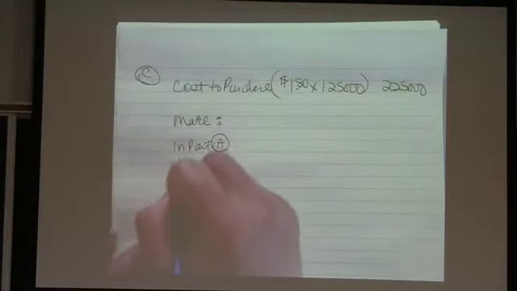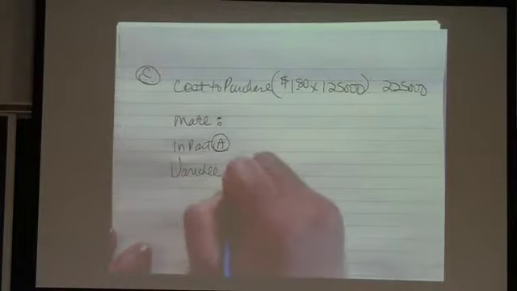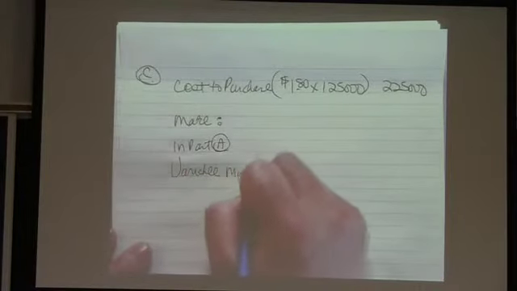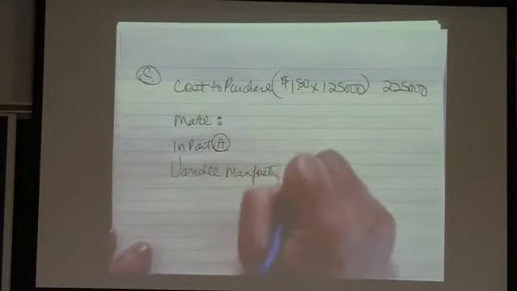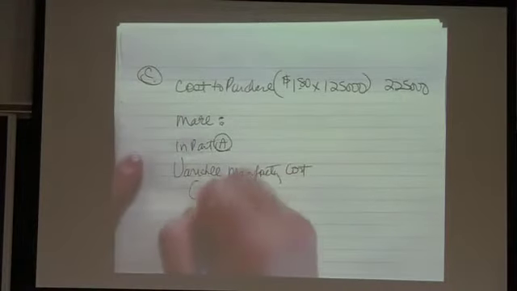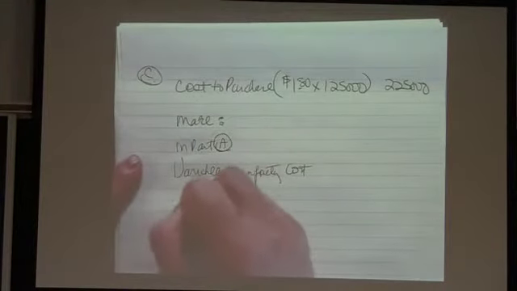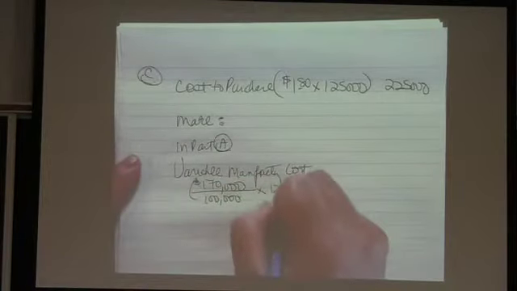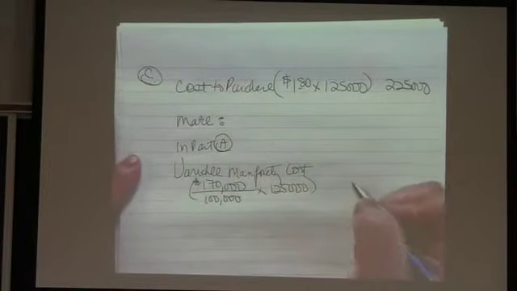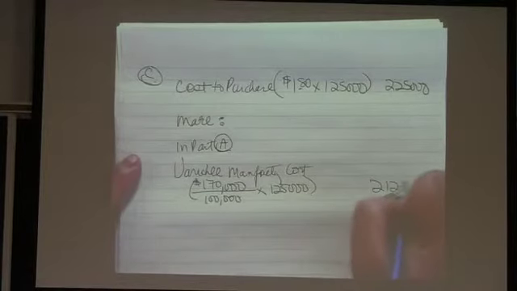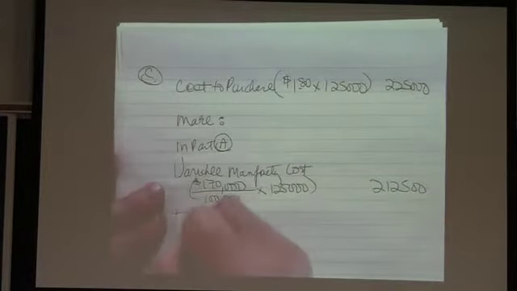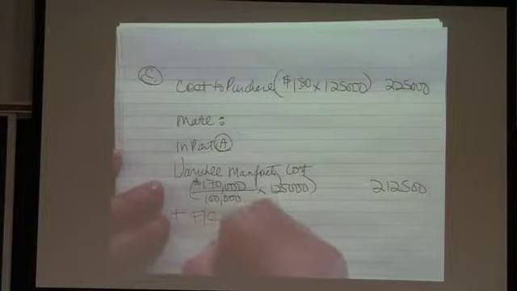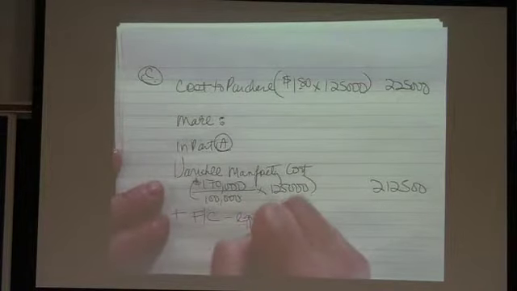So the variable manufacturing cost will be 170,000 divided by 100,000 units times 125,000 units. That's 212,500 plus fixed cost for that equipment rental.